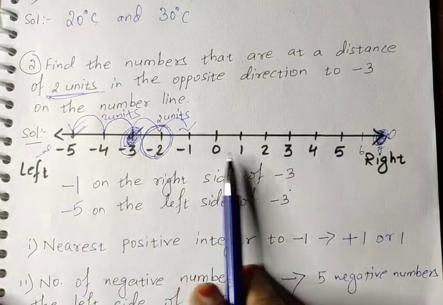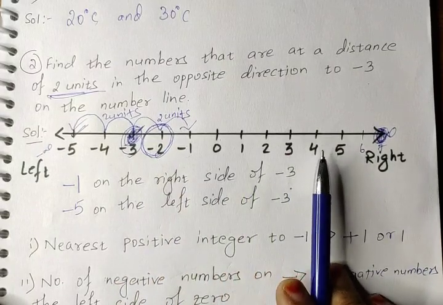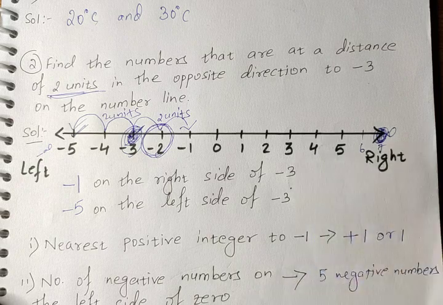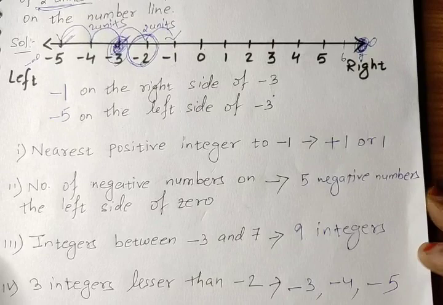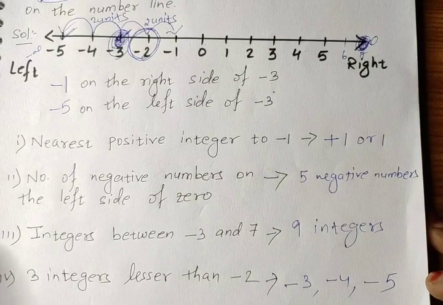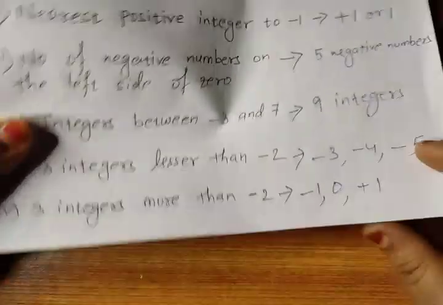Means equally spaced. Neatly you have to write and draw. Okay, over. Once again, pause the video, write the notes, and then again continue the video.